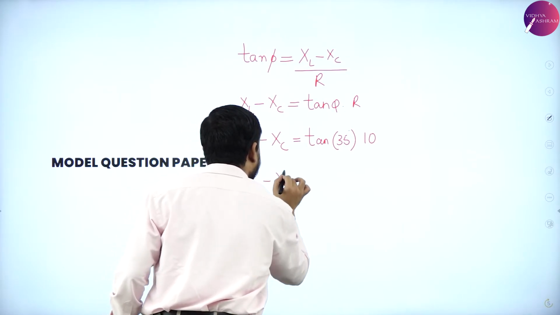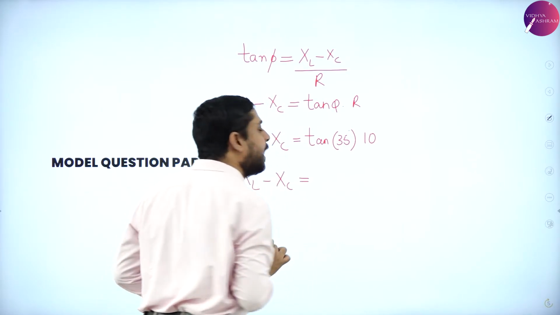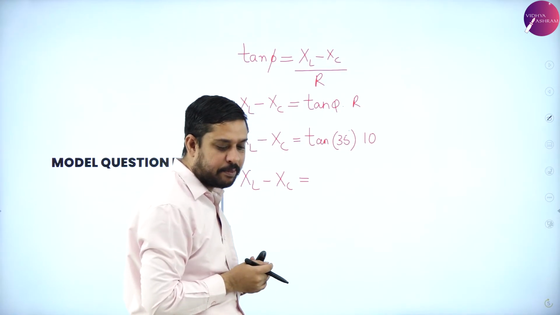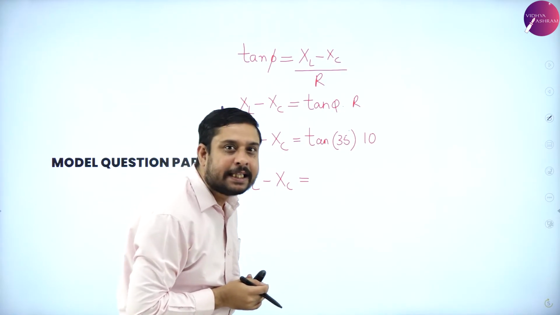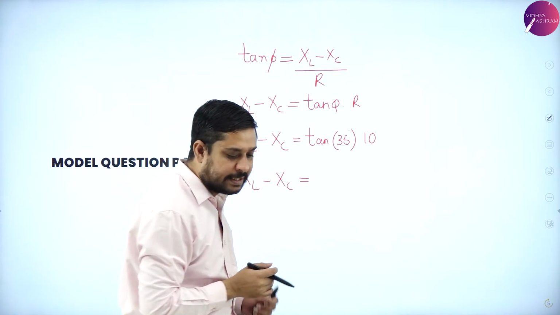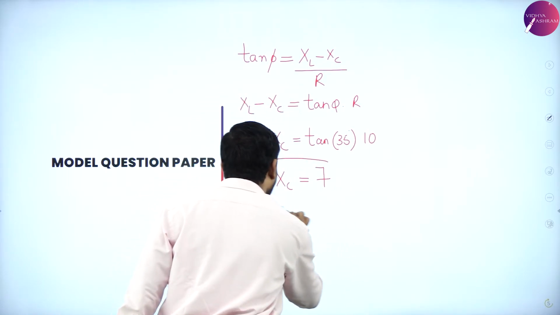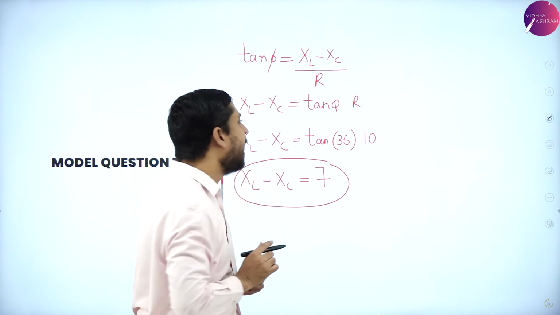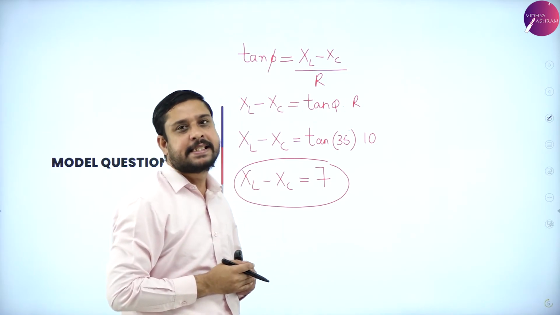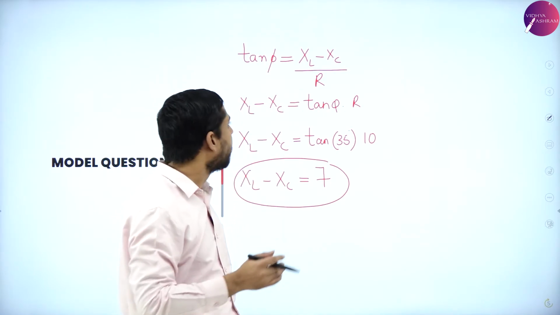So XL minus XC, refer your Clark's tables for tan 35. So this turns out to be 7. So I have got the value of XL minus XC.